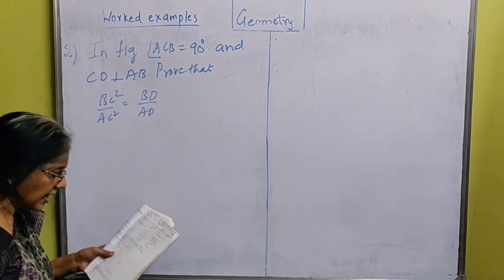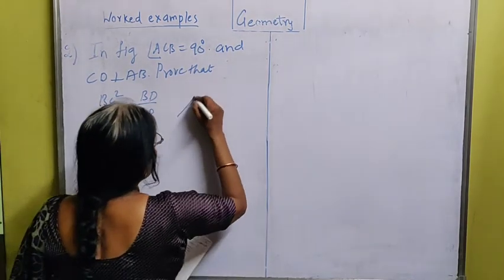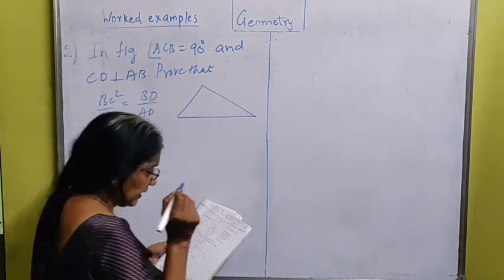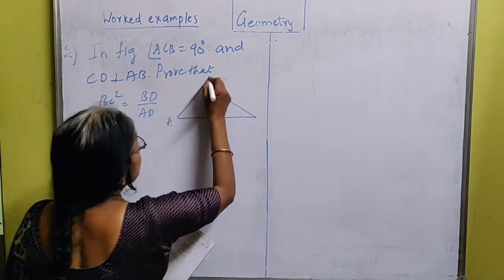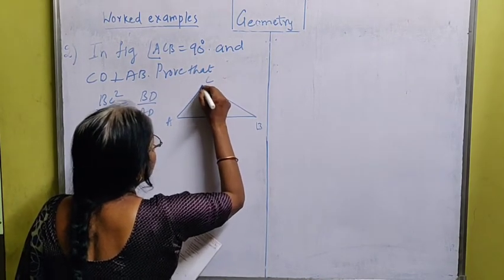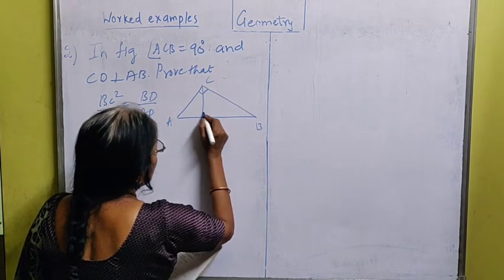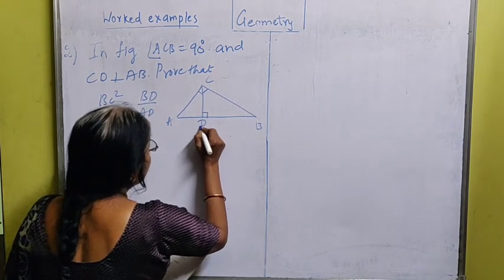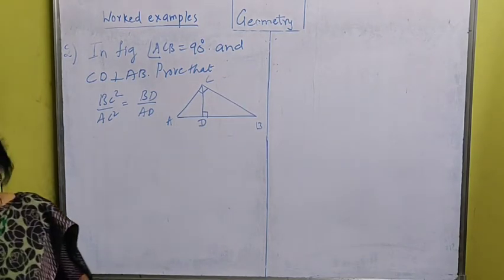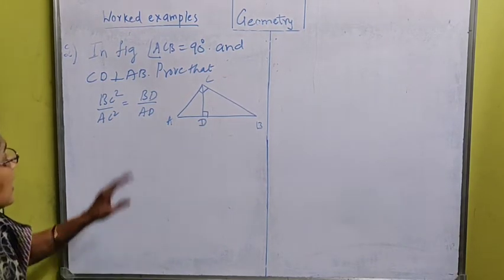And here is the diagram. This is your diagram. So what is given? ACB, this is right angle, and from C a perpendicular line is drawn, and this is D. So once again I am reading the sum.